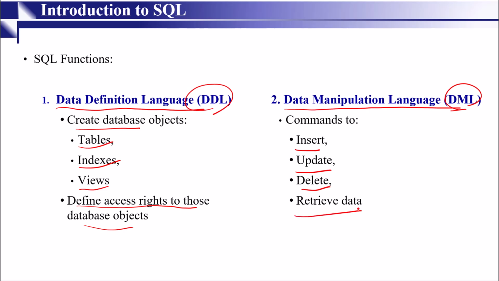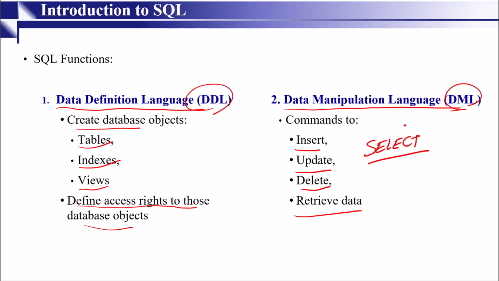For instance, we could use insert to add a new customer or a new student. We can use the select command to find all customers from a specific city or all students in a specific department. These two, DDL and DML, are the foundation of how we build and interact with databases.